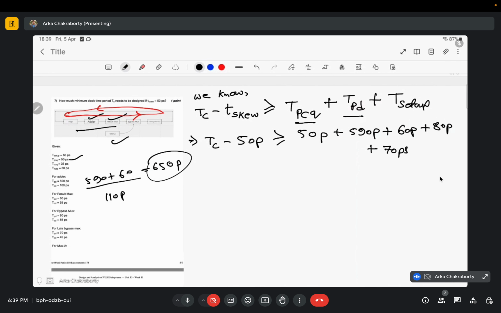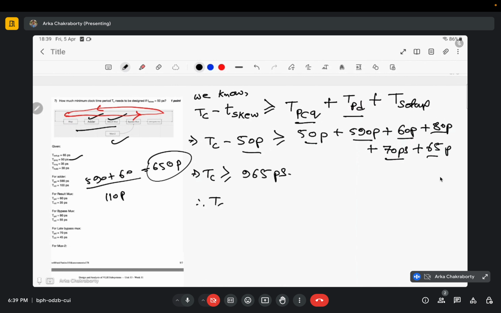Okay, so these two terms have been taken care of, and the setup time is given as 65 picosecond. So TC is greater than or equal to 50 plus 50, 100, 690, 750, 820, 900, 965, 965 picosecond.